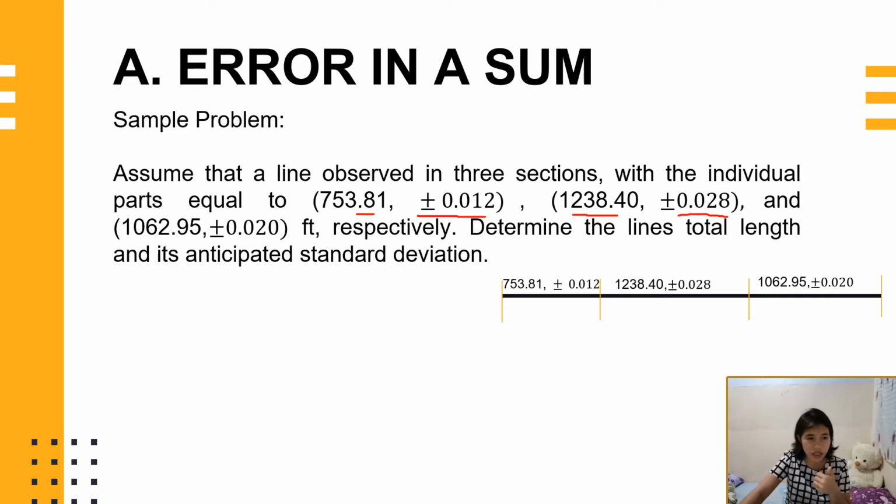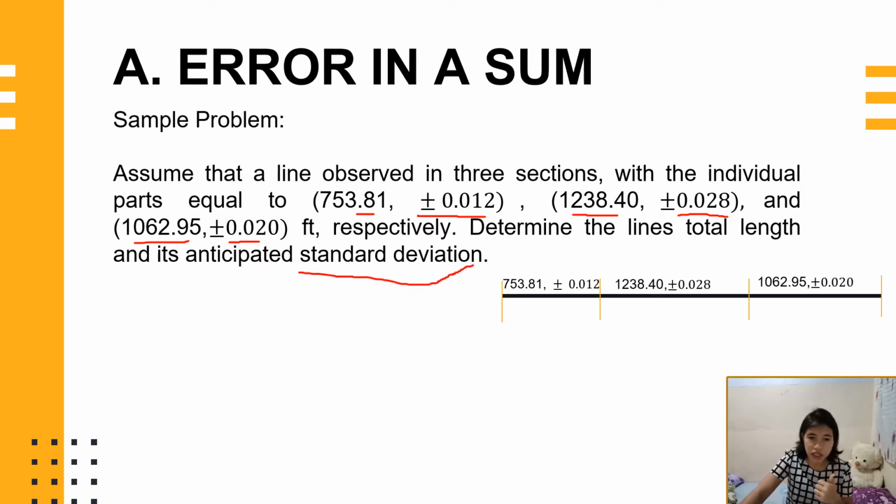The third one is 1062.95. Yung error niya in observing this distance is 0.02 feet. So determine the line's total length and the anticipated standard deviation.